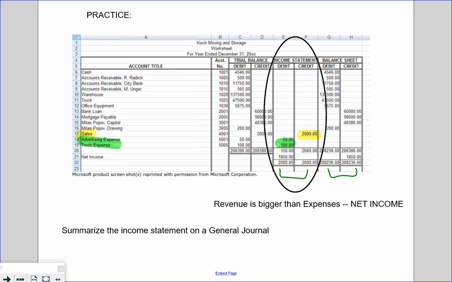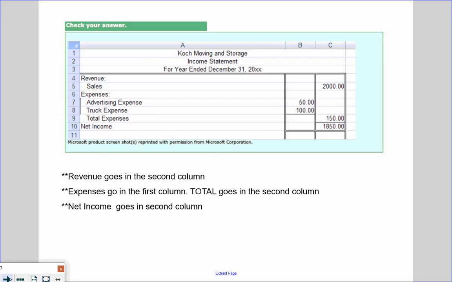So that's what we did last day. Okay? What we're going to do today is take this information right here and put it into a general journal. So what does that look like? Unfortunately, guys, it has to be set up exactly in this way. Income statement is the name of the form. You put the date, you put the company name.